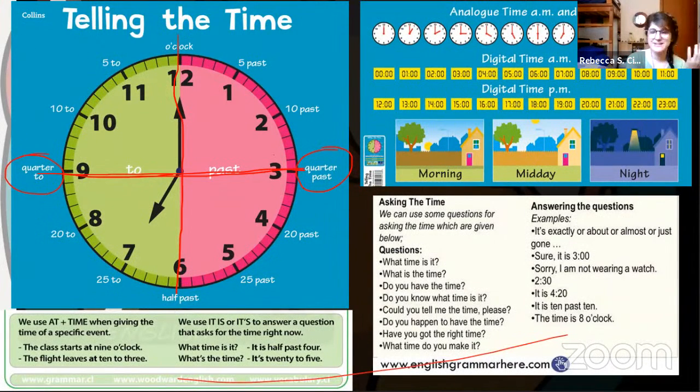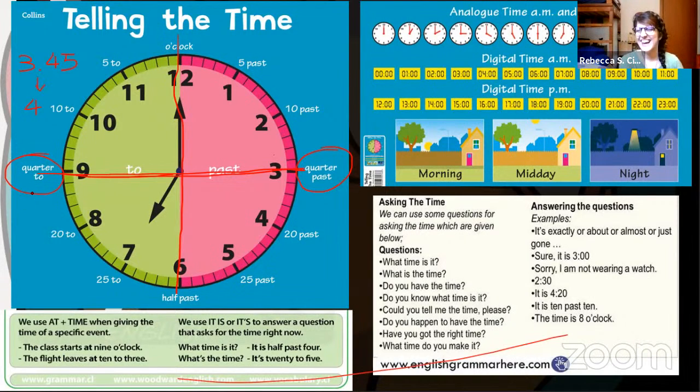For example, this is really hard to explain. Say 3:45. This is 15 minutes left to reach 4, right? Instead of saying 15 minutes, we just say 1/4 because it's 1/4 of 1 hour.